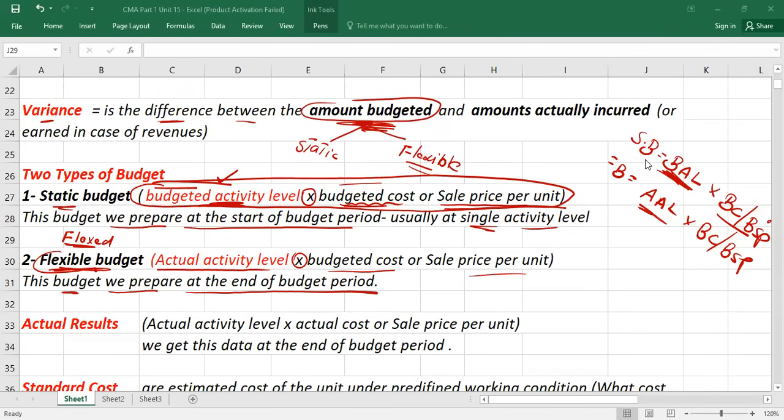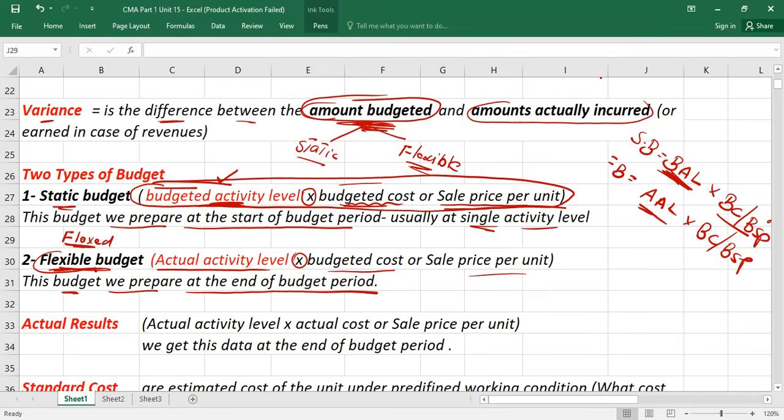So this is what I told you about. I told you about what? Amount budgeted. Okay, so there are two budgets, static or flexible. We'll study later which budget you have to compare with the amounts actually incurred. Now the point is how you will get the actual results, which is also called amount actually incurred.